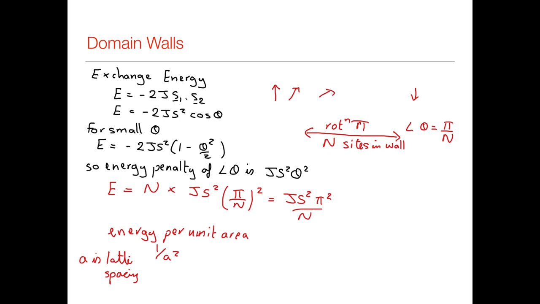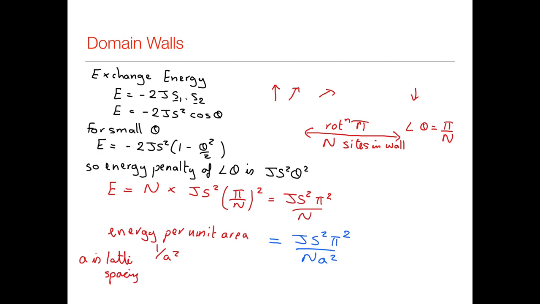So that gives us our final answer, which will be J S squared pi squared over n a squared. And that's a positive energy.